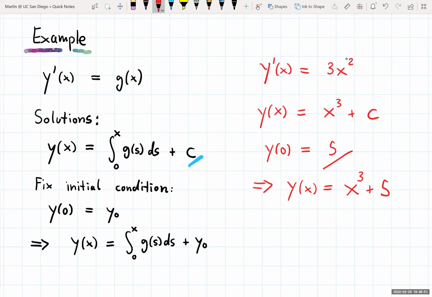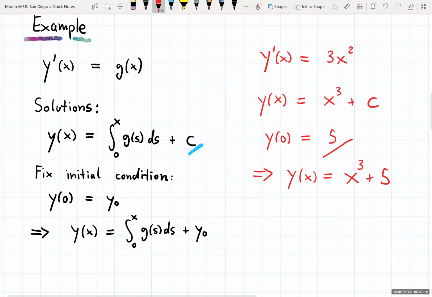As you might have noted, this differential equation is particularly simple because it just amounts to computing an integral. That is the reason why we often talk about integrating a differential equation, even though we actually do much more complicated things than computing integrals.